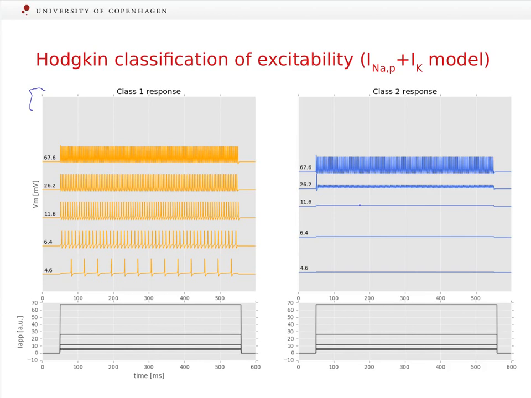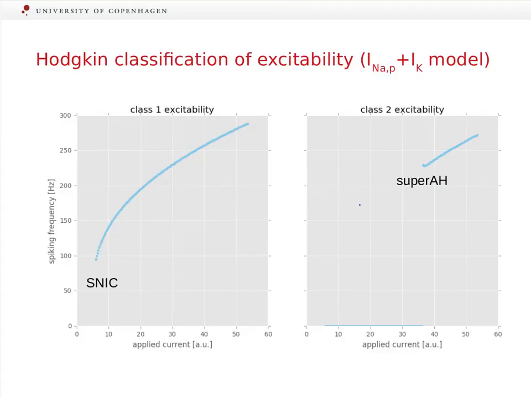And in the next slide we'll illustrate how they differ in their neurocomputational properties, but we can see now that the neuron of class 1 excitability, or saddle node invariant circle, actually does encode the applied current in spike frequency, while the neuron at supercritical Andronov-Hopf bifurcation has a much lower frequency range, and it starts to respond with tonic spiking only at very high applied currents.